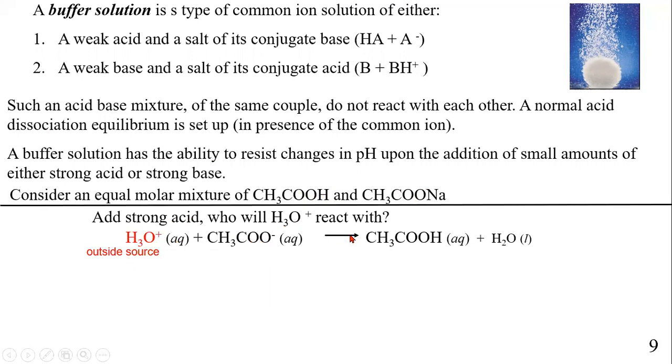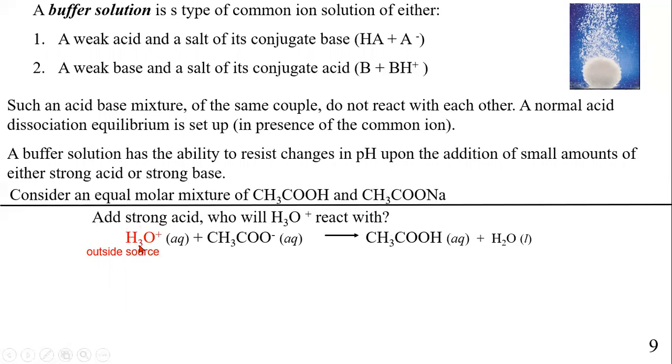Not only will it react with it, we're always going to assume that since it is a strong acid, H3O plus, the reaction goes first completely. And we neutralize all this H3O plus such that none of it is left in solution. So all the H3O plus effectively has been transformed into what? Into acetic acid.